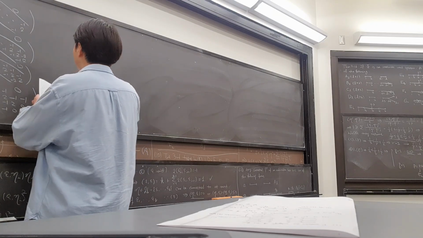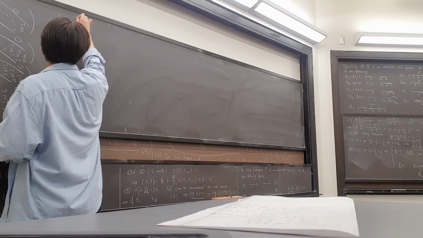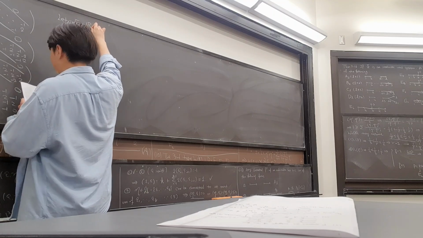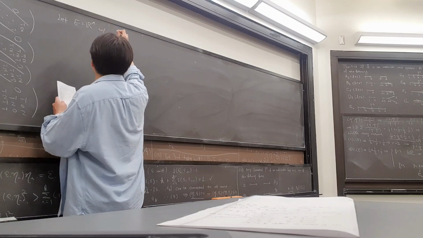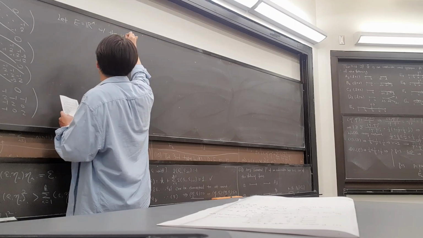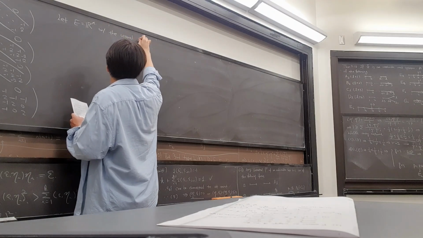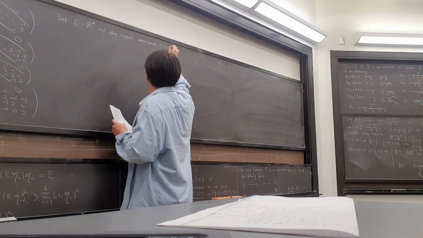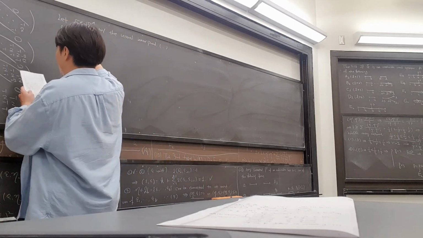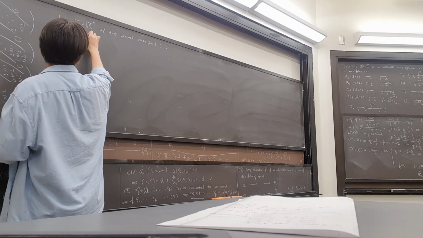So construction. That E is just R to the N, with just the usual inner product and the standard basis.